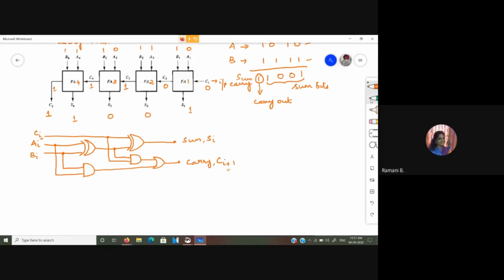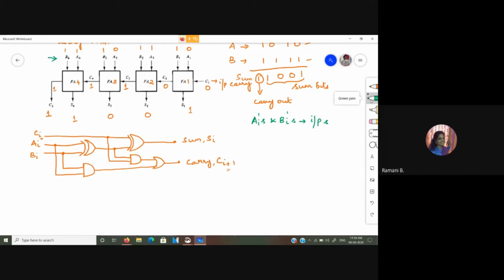So here, the main thing is, you know that the Ais and Bis are instantly available, right? Because these are the inputs, so they are available at the same instant. So considering this circuit, in order to get the correct sum output, you have to wait for the carry to propagate through each of the adders, right?